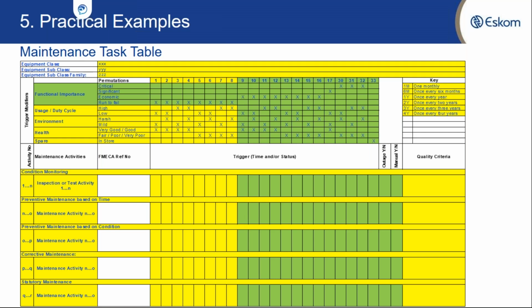So with this table, we are able to say we have so many transformers, and our inspection tasks for those transformers are going to vary because we have made considerations to functional importance, the duty cycle, as well as the health. So this is what we use to get to asset-specific maintenance requirements.